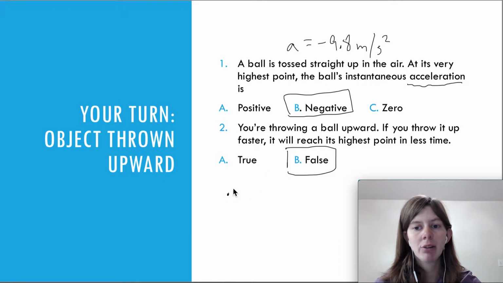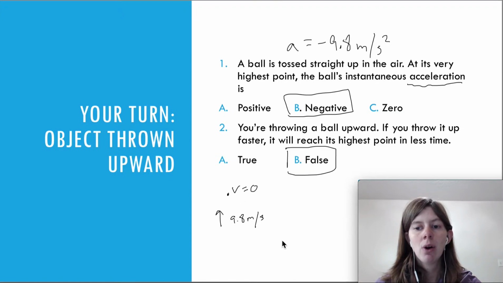So you're trying to get to velocity equal to 0. So let's say that you throw it up at a velocity of 9.8 meters per second. Well, your acceleration of negative 9.8 meters per second squared says that in 1 second, your speed is going to drop by 9.8 meters per second. That means that 1 second later, you're going to stop if you started at 9.8 meters per second.